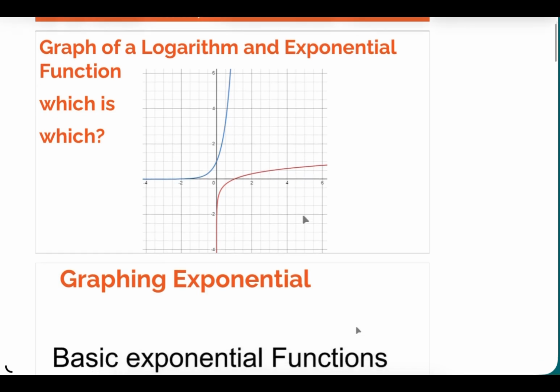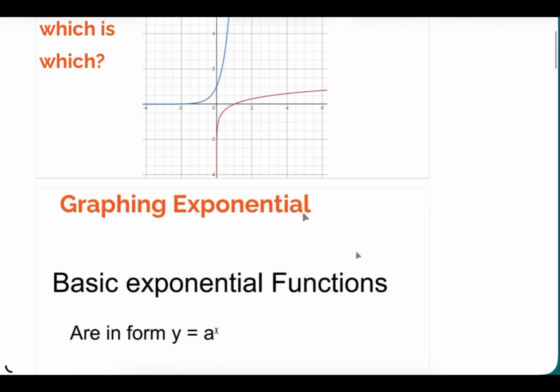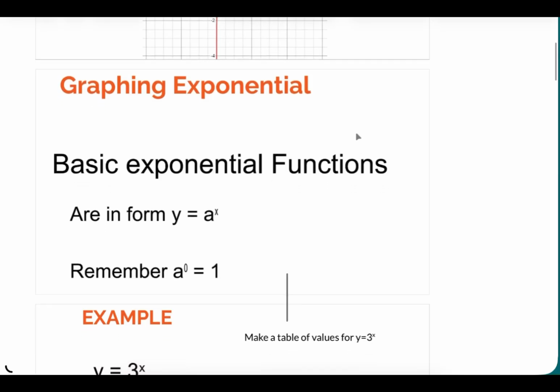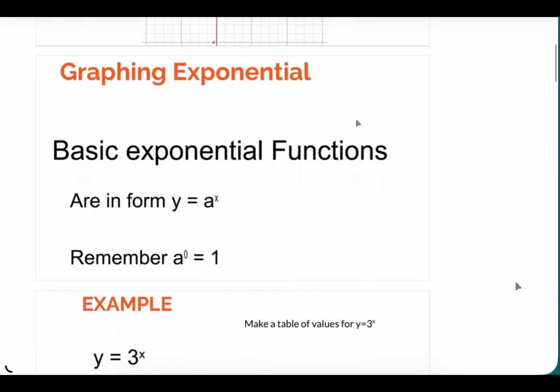Let's think about graphing exponential functions. A basic exponential function will look like y equals a to the x. And remember that a raised to the 0 is equal to 1. For example, let's graph y equals 3 to the x.